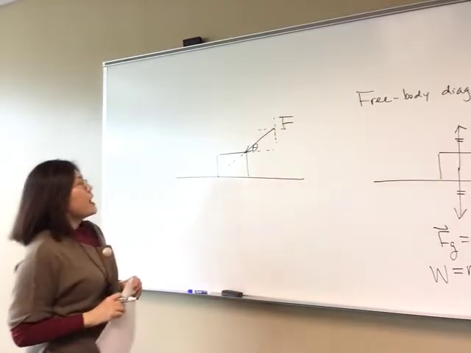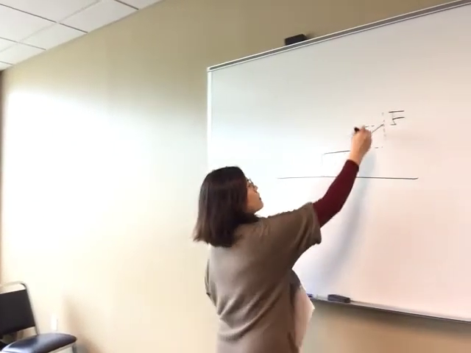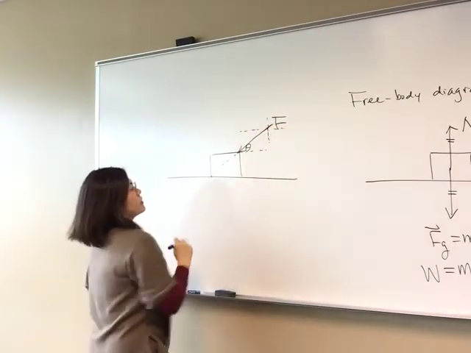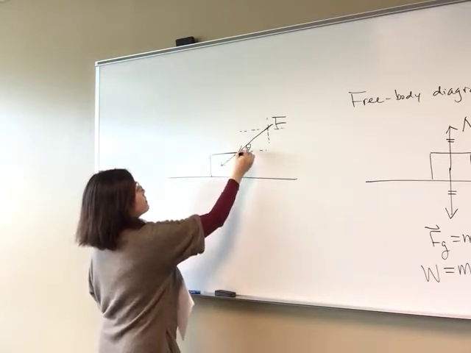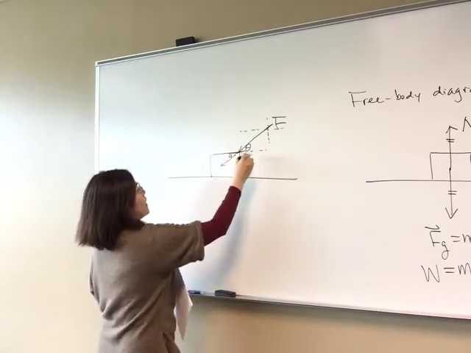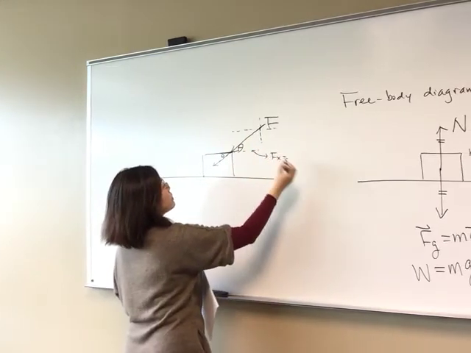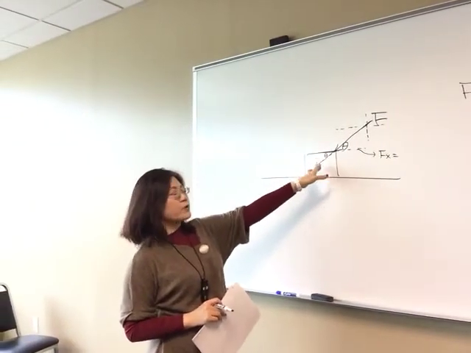In that case, how would you find the x and y component of that force? So this is the reference line here, and this is the force, and this is your theta. Your Fx is the force magnitude times cosine theta.